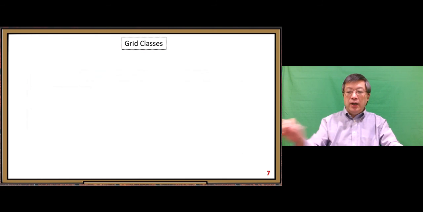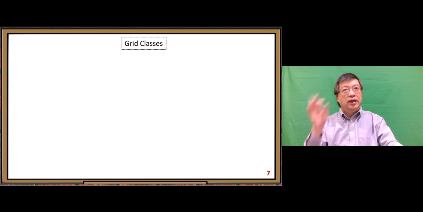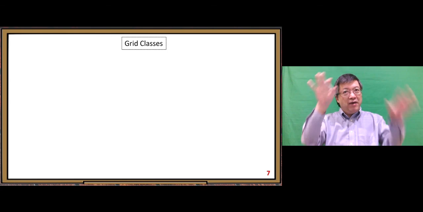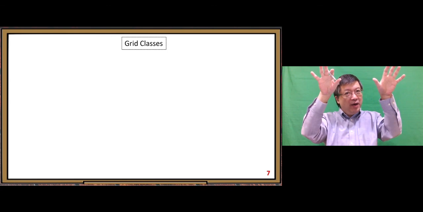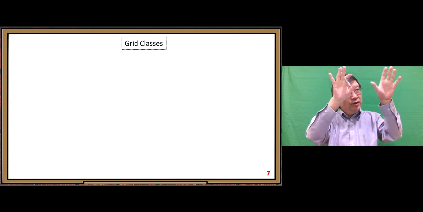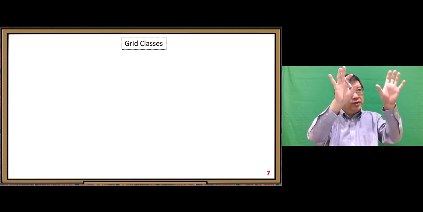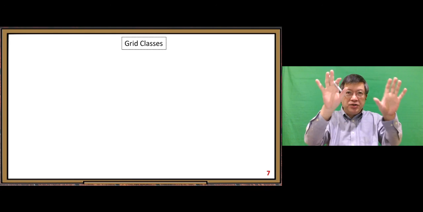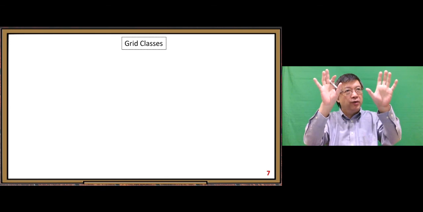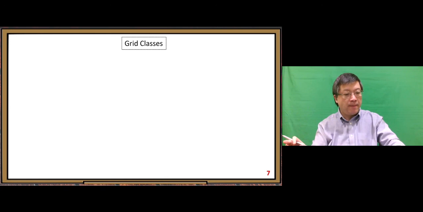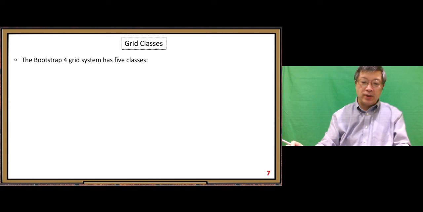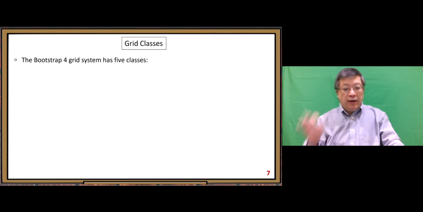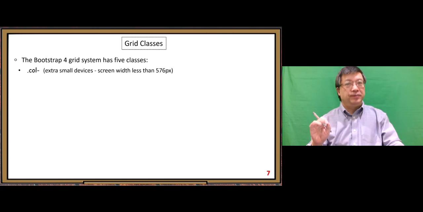All right. Grid classes. Now you have that grid system, but you can control your grid. There are some settings you can use to control the grid size. There are 5 classes.